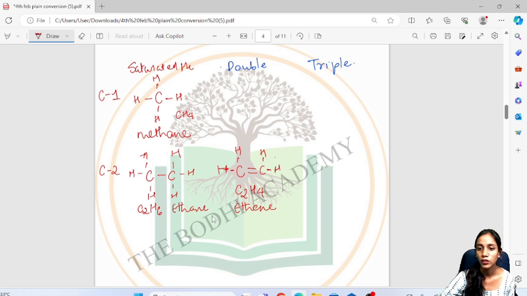Now the third case is when there are 3 bonds between the carbons. Here the valency will be 1, 2, 3 and only one hydrogen on each carbon. So the formula of this compound is C2H2, and the name of this compound will be ETH, and we know for a triple bond the suffix is YNE, so ethyne.